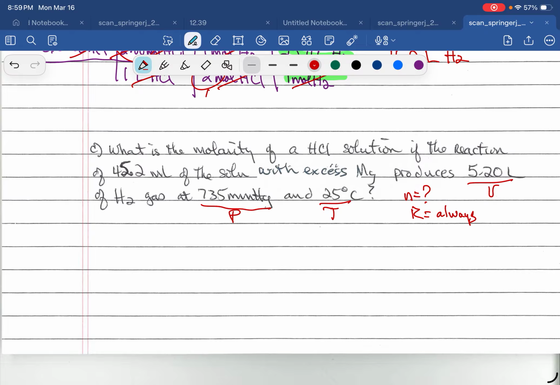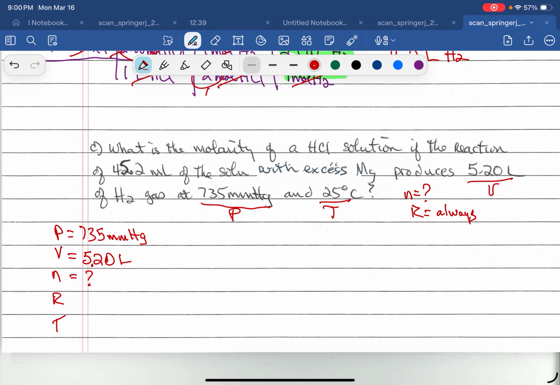So let's write our little formula here. PV = nRT. Pressure is 735 millimeters of mercury. Volume is 5.20 liters. And we don't know n. R, since it's millimeters of mercury, is going to be 62.4. Hopefully you still got your PV = nRT flip chart.